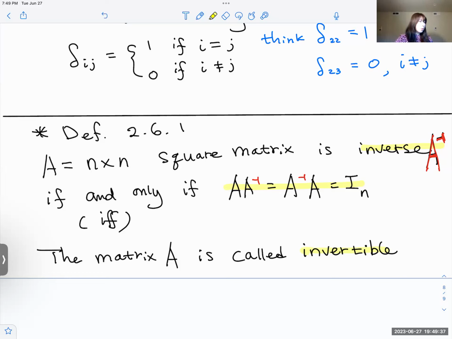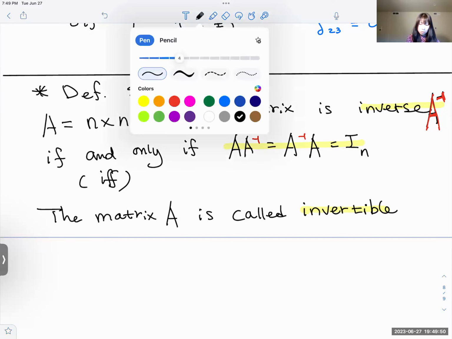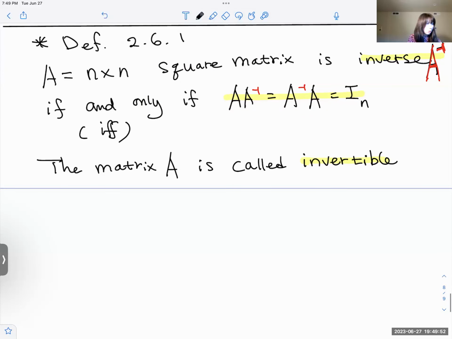All right, so let us do this. Theorem 2.6.1, uniqueness of inverse.